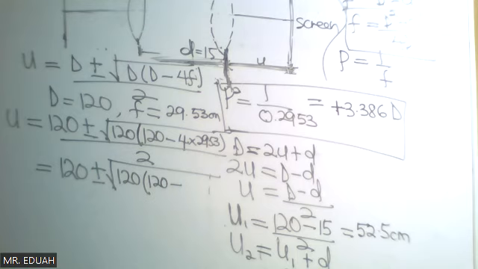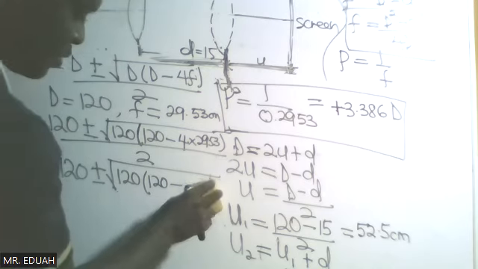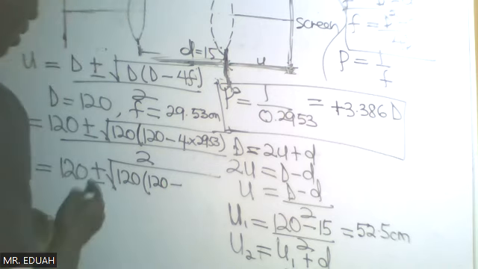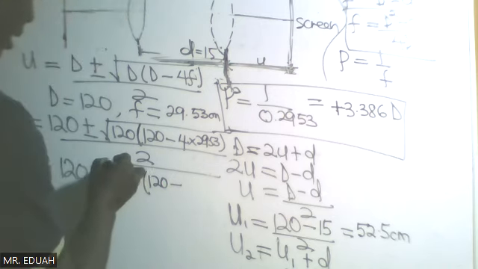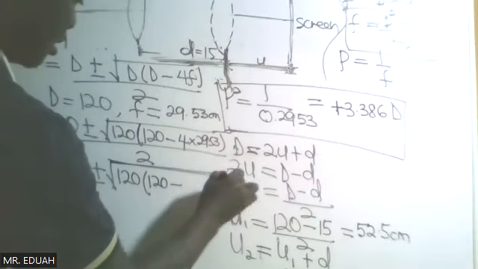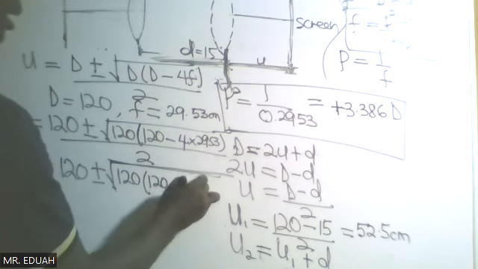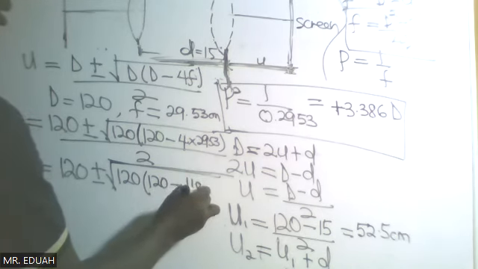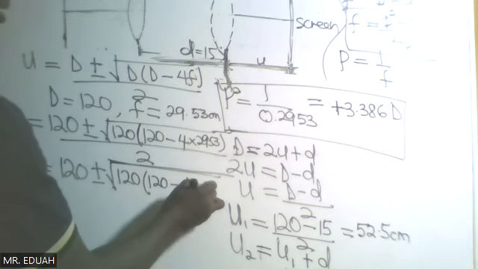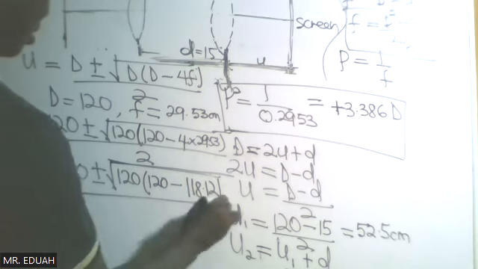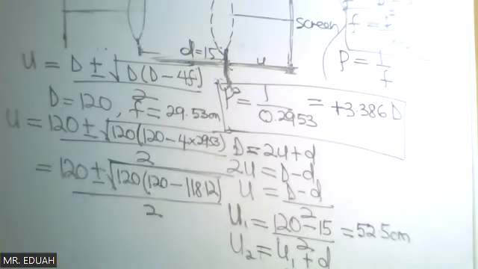Who is multiplying? 118.12. So subtract that and then multiply by 120.